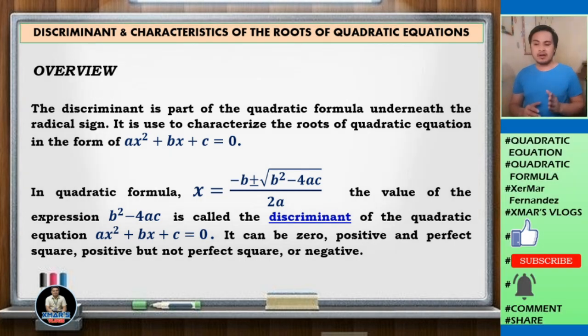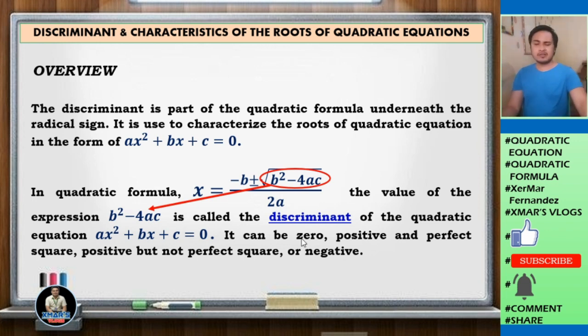The value of the expression b squared minus 4ac is called the discriminant of the quadratic equation ax squared plus bx plus c equals 0. And the discriminant can be 0, a positive and perfect square, a positive but not perfect square, or negative.